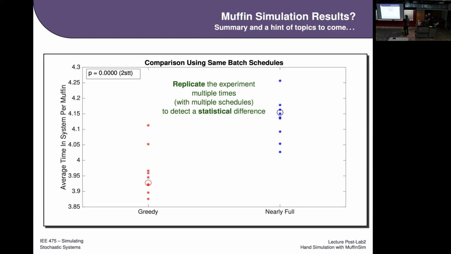So I've replicated the experiment so that I can try to detect a statistical difference. When you look at this, I hope you see that the average time for the greedy is lower than the average time for the nearly full.